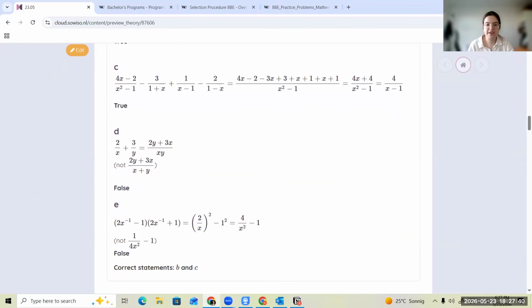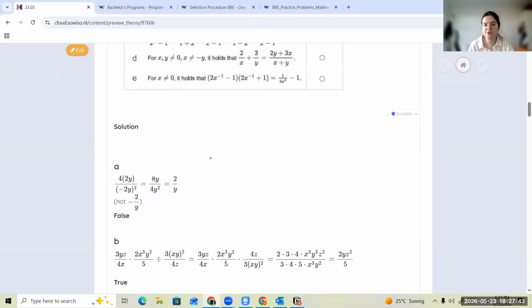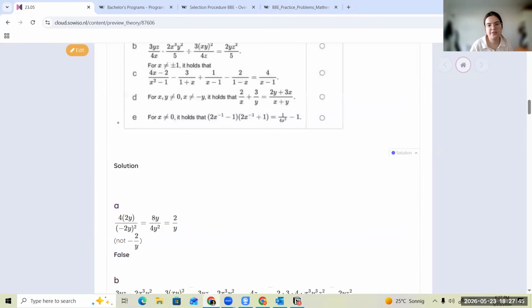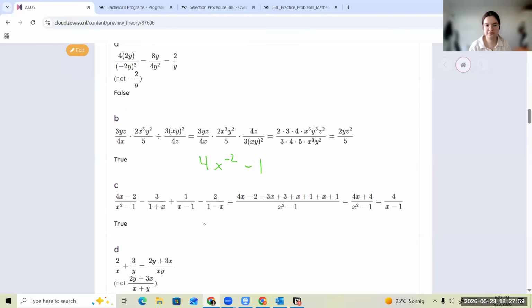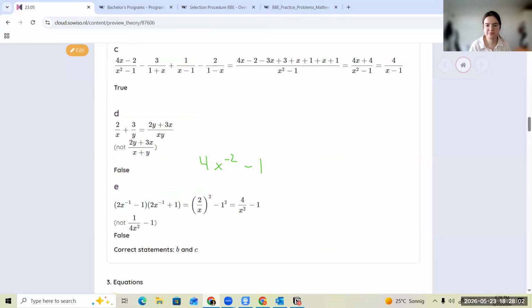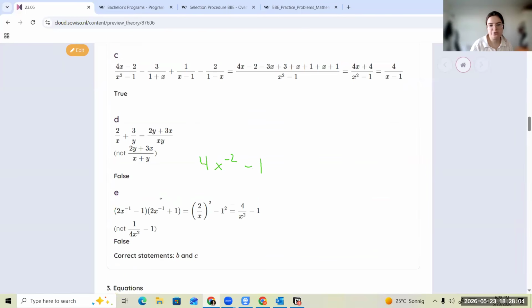And in statement E, again, you have the difference of squares just in a different format. So it's basically this. And then you can also write it like this, really up to you how you write it, because it's the same thing as 4 over x squared is equal to 2 divided by x squared.